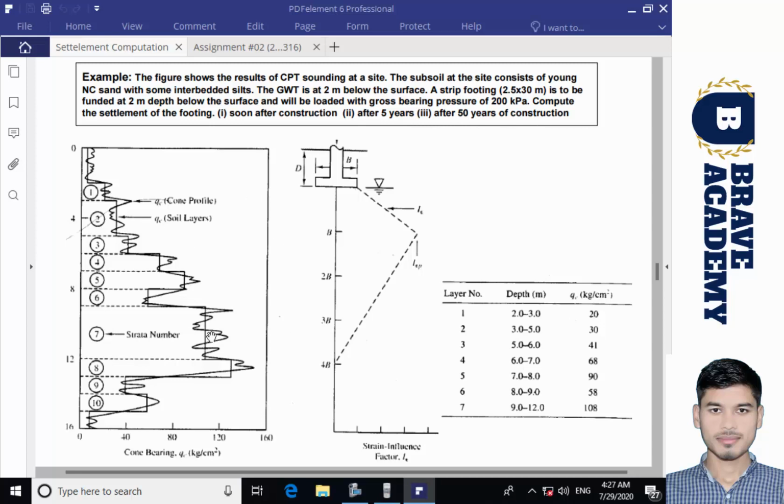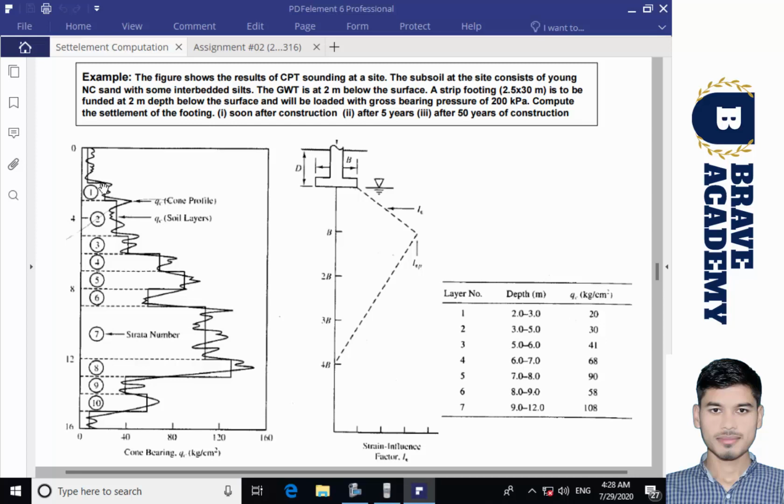These are the results for the cone penetration test. He divided it into a number of layers corresponding to the same cone penetration resistance. You can see here this from head to head lies in the same range.